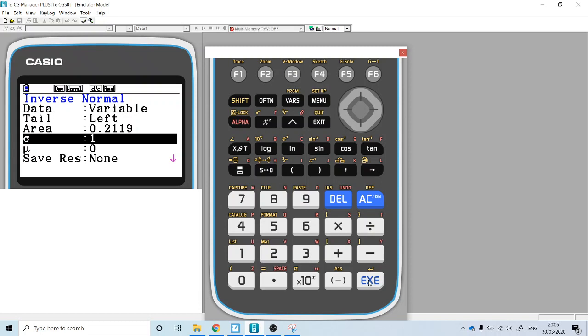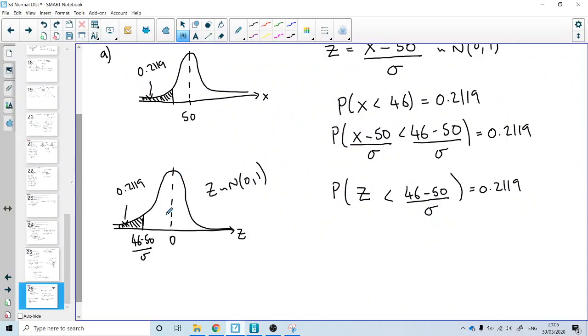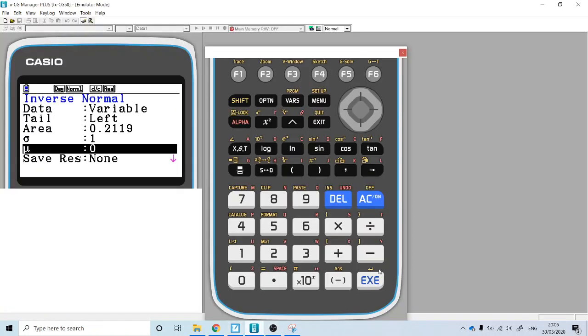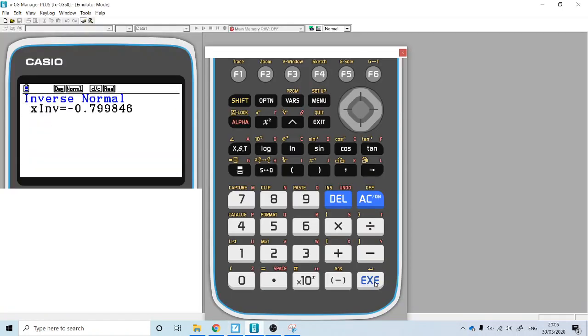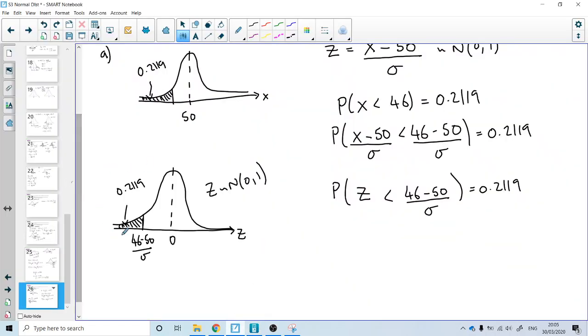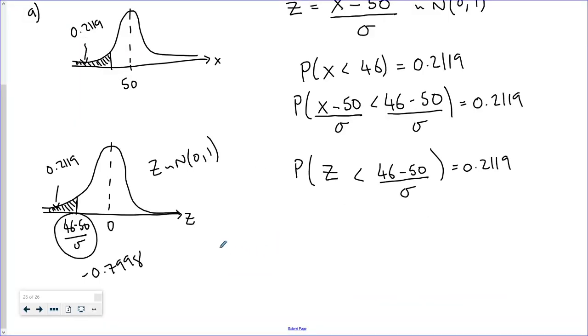We're leaving sigma as 1 and putting mu as 0, because that's our standard normal, because we're talking about this z distribution here. If we do that, we get minus 0.7998. So this thing here is equal to minus 0.7998.